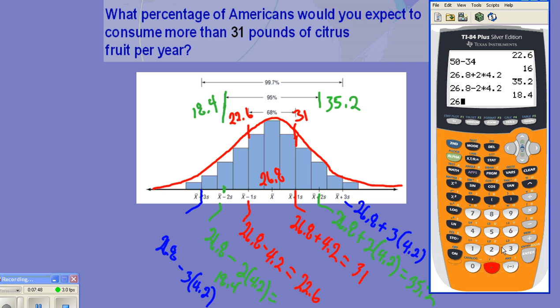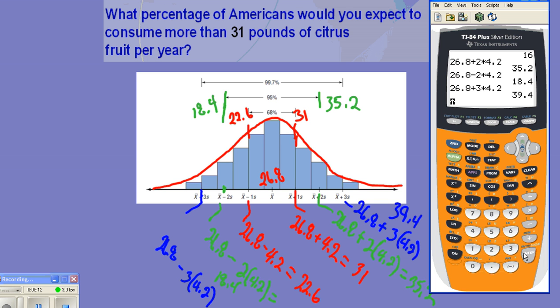So that gives me 26.8 plus 3 times 4.2. Press enter. So that gives me an upper of 39.4.